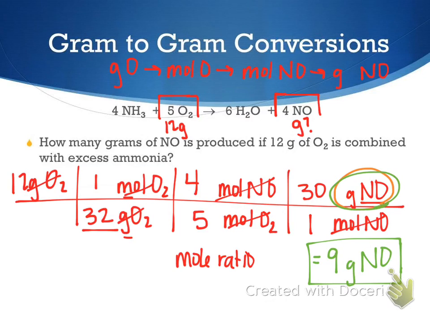We should hopefully be looking at similar ranges of numbers. If we start with 12 grams of oxygen, we really won't be getting thousands of grams of another product. But it's still a little more difficult to read. So just make sure that everything's plugged in correctly and trust what your conversion tells you.